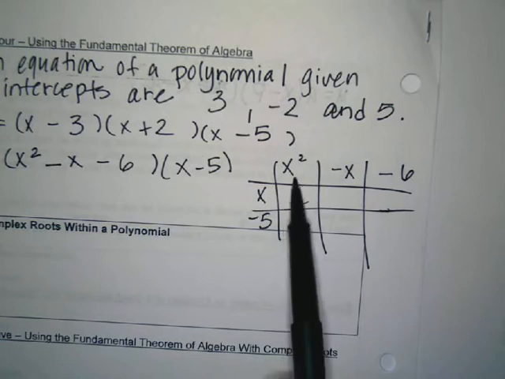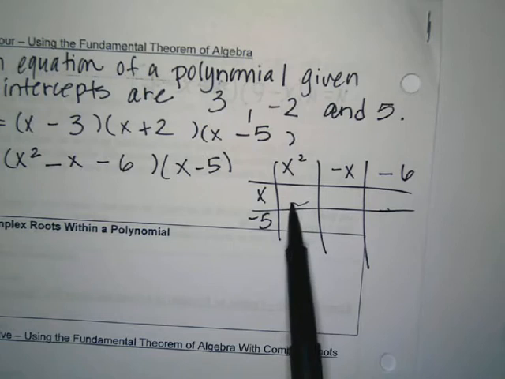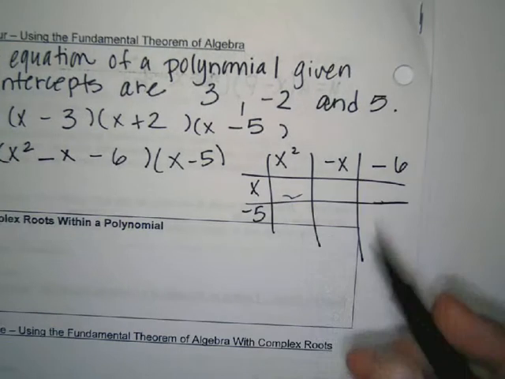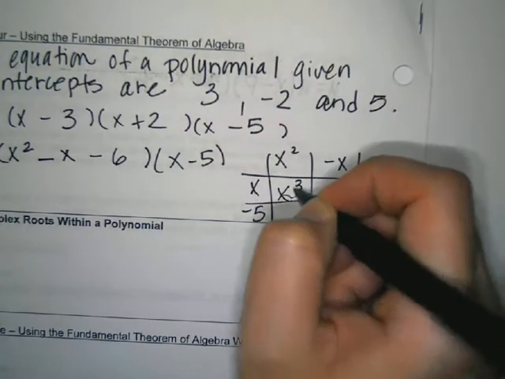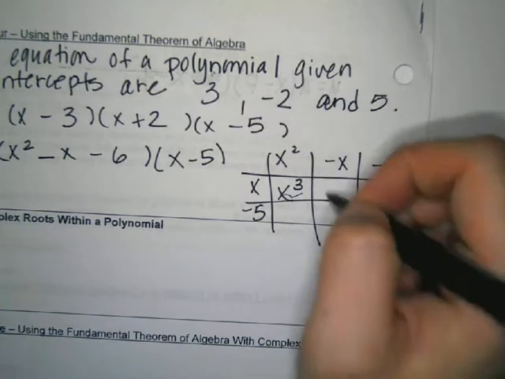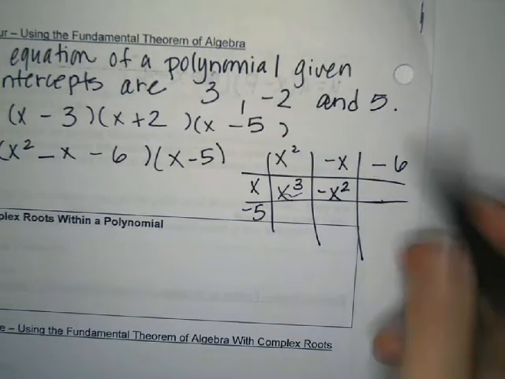So x squared times x gets me what? How many x's is that? 3. So we write it as an x cubed. Good. Negative x times x gets me negative x squared. Good. And negative 6 times x, negative 6x.